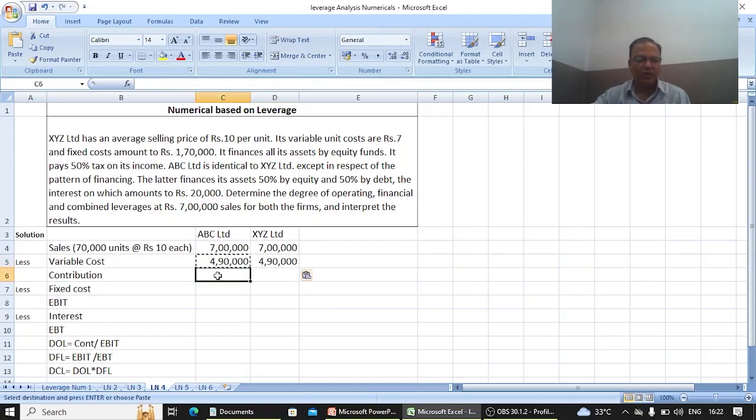Now contribution 2 lakh 10,000. Same here.